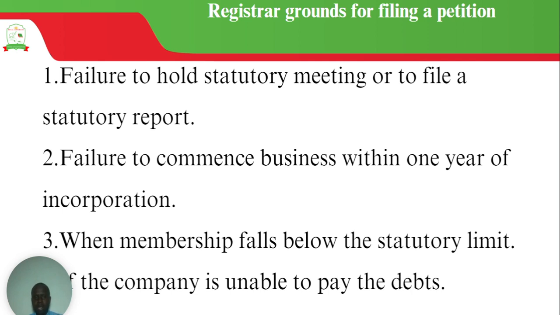So if this report is not there, it could be a ground for the registrar to say they have not received a report, and therefore that can also lead to them concluding that the statutory meeting did not take place. And also the other one is failure to commence business within 1 year of incorporation.